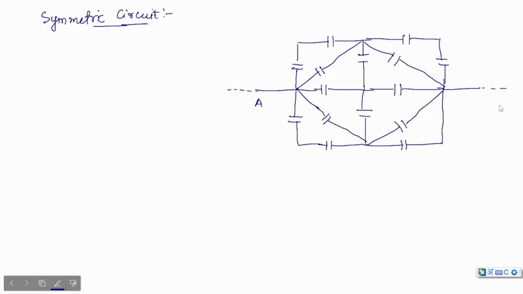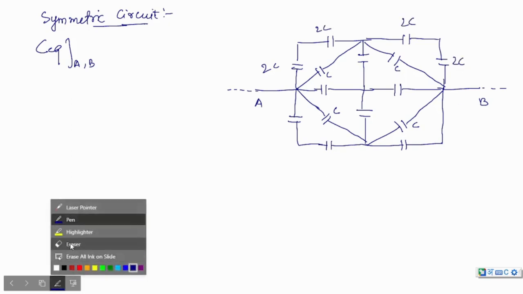This is point A, point B. You need to find the equivalent capacitance between A and B. The values of these capacitors are given: this is C, this is C, this is C, this is C, and all the others are 2C.